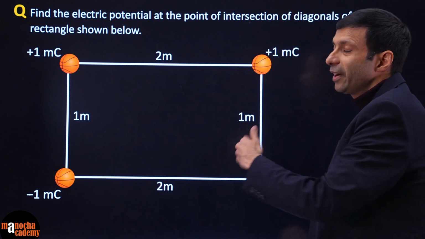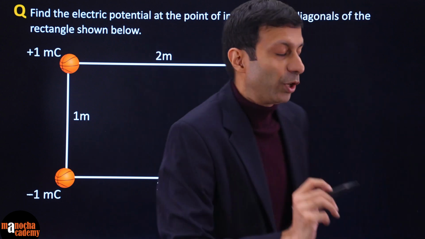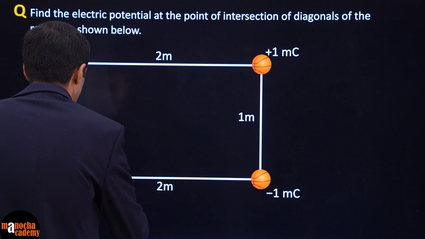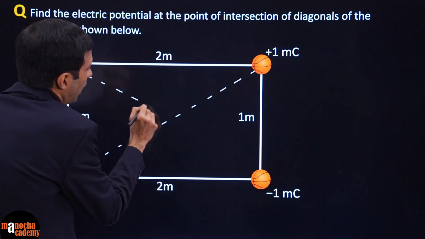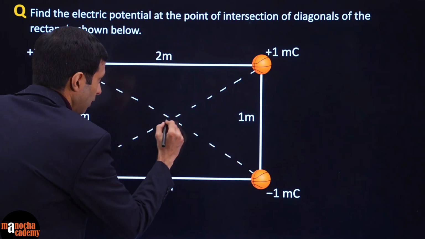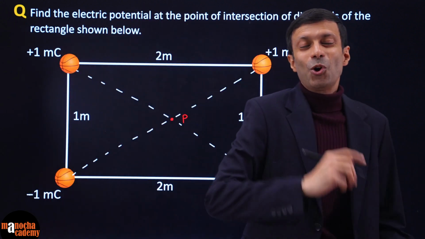And the dimensions of the rectangle are given to you. You need to find the electric potential at the point of intersection of the diagonals, right? So go ahead and draw out this diagram and find me the electric potential over here at this point P. So that's the homework question for you.